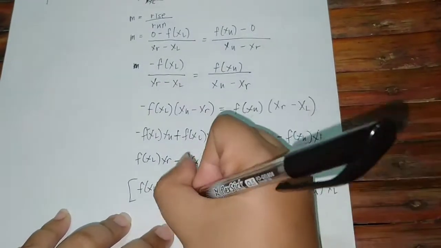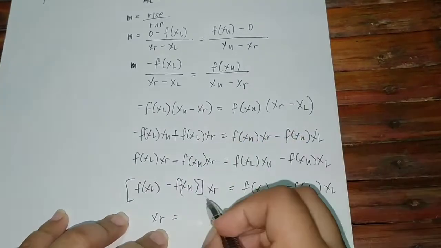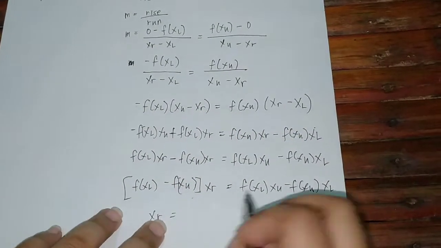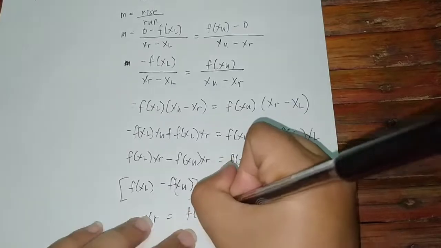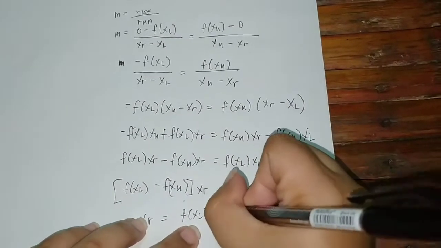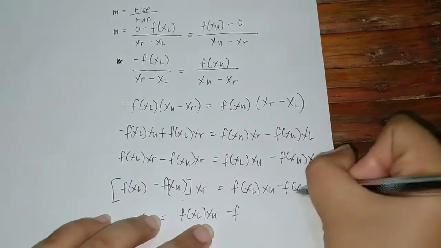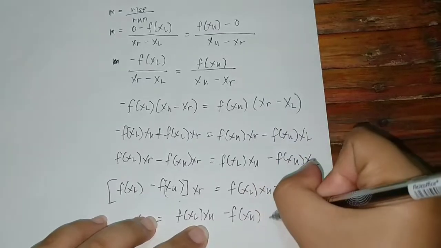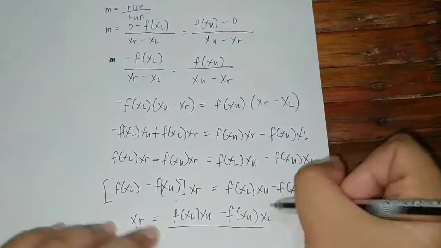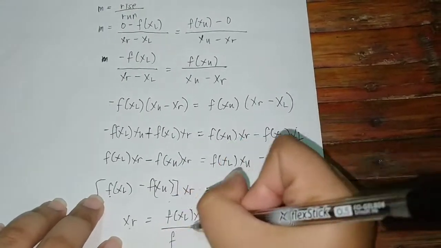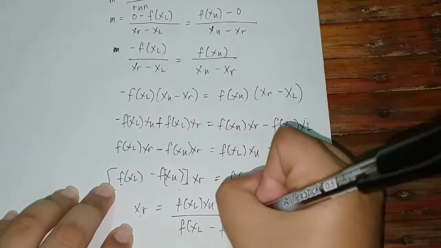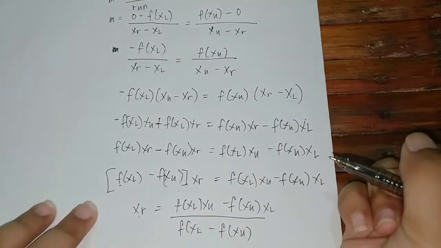So we have x_R, we have to retain x_R here, so we have f(x_L) x_U minus f(x_U) x_L over this. So we have f(x_L) minus f(x_U).